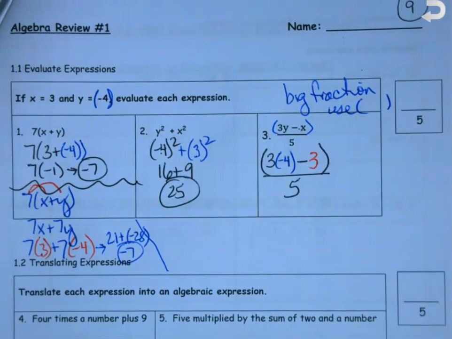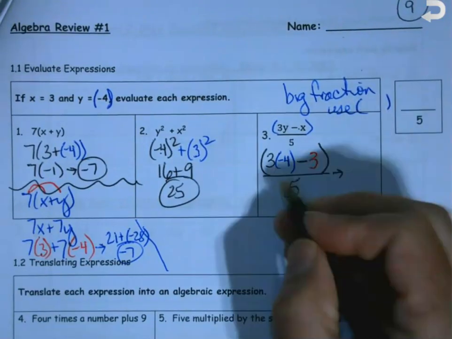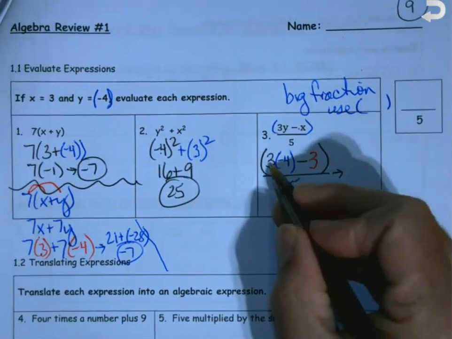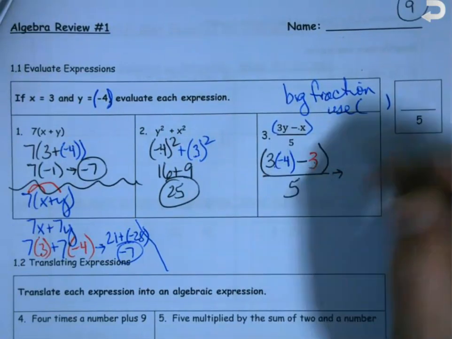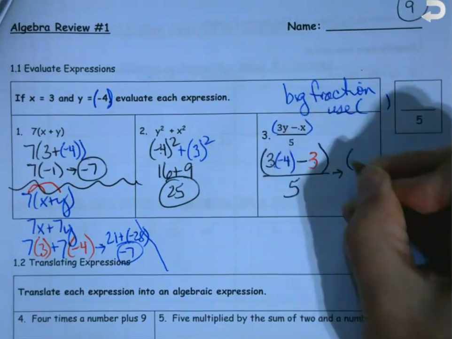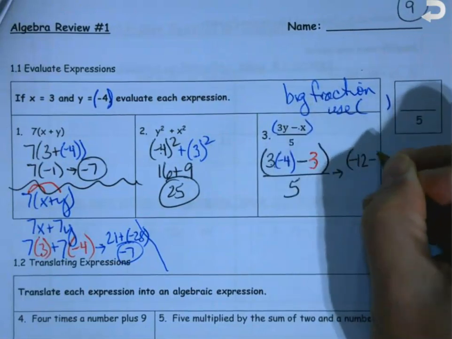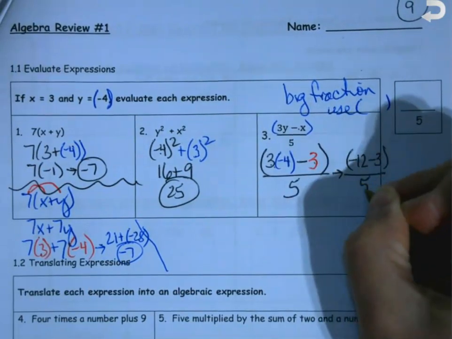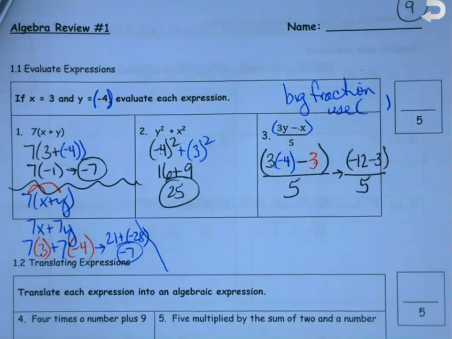Could I type that directly into my calculator? Yes, exactly that way. It'll work. But I'm not going to here, because as you can see, I don't have a calculator in front of me, so I'm going to go ahead and crank this out. Multiply comes before subtract. So 3 times -4 is -12, minus 3, over 5.